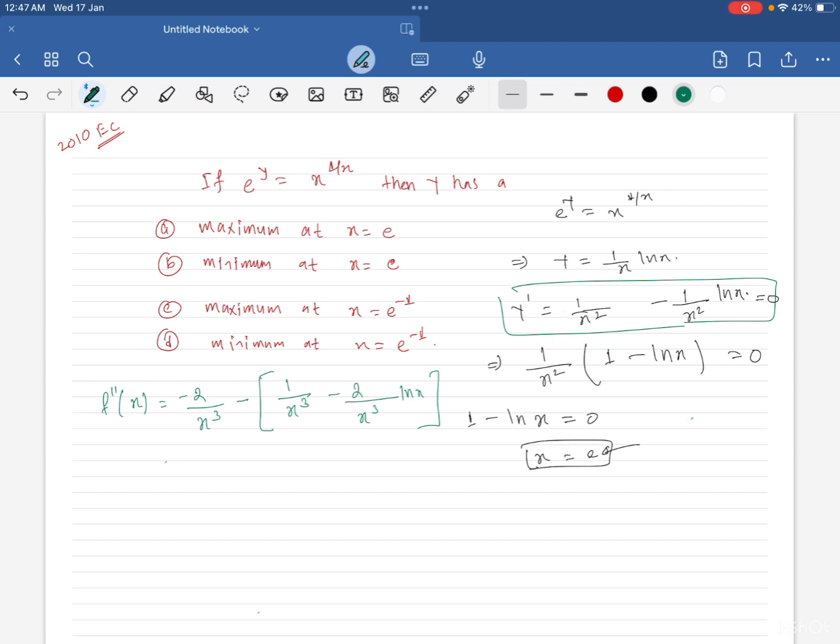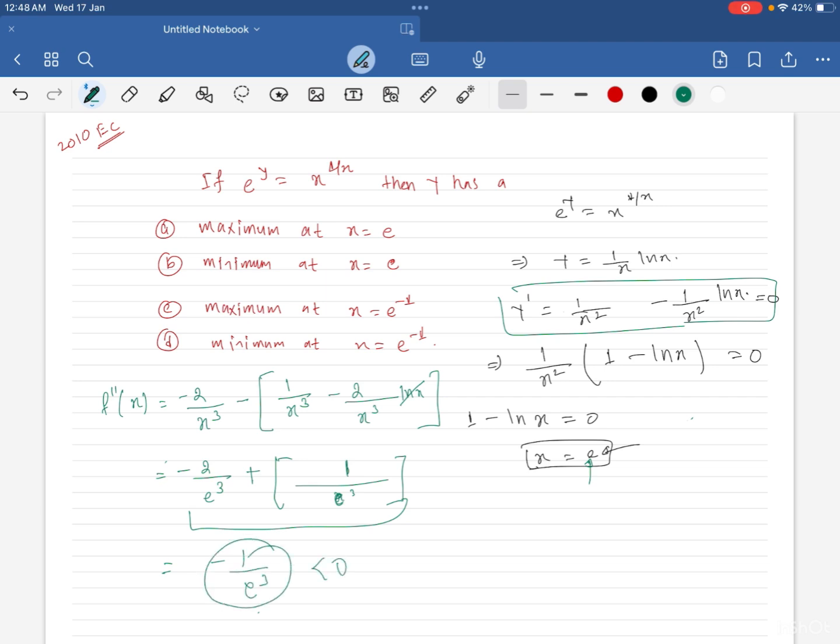Right, now we can put x equal to e, so that will be 1 by e cube, and minus 2 by e cube, so overall it comes to minus 1 divided by e to the power 3.